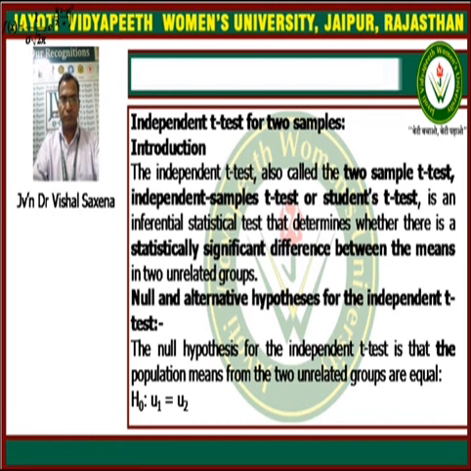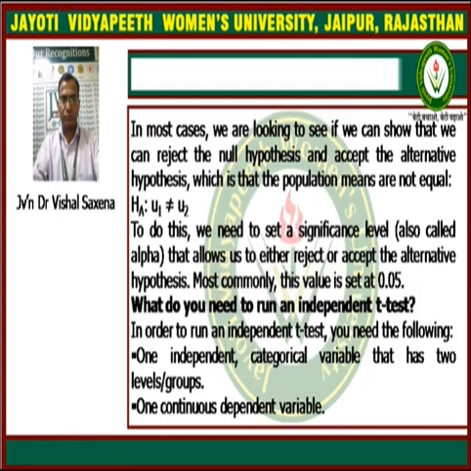This independent t-test is also known as the two sample t-test, the independent samples t-test, or the student's t-test. In this test we assume the null hypothesis, that the population means from the two unrelated groups are equal, meaning u1 is equal to u2, that is H0.